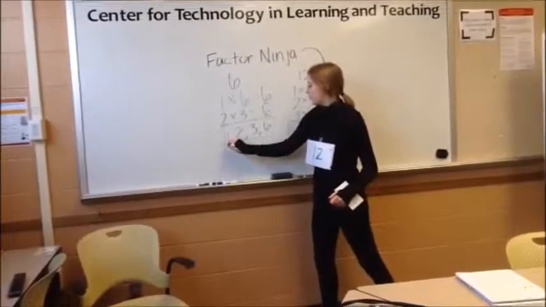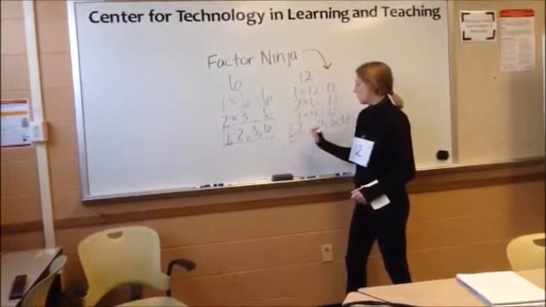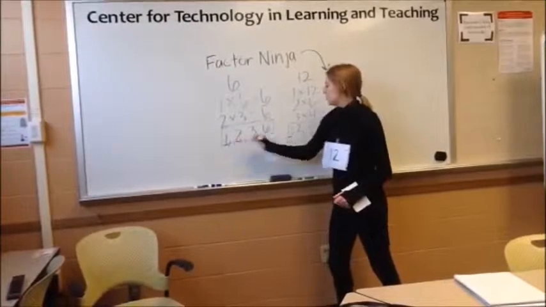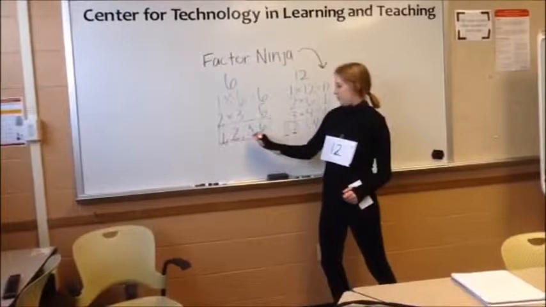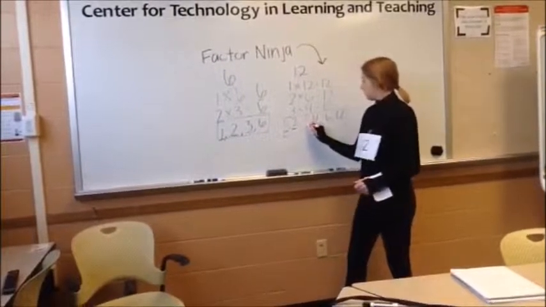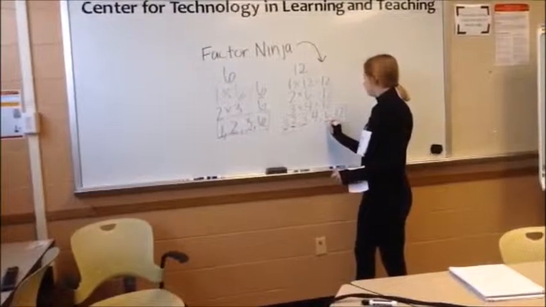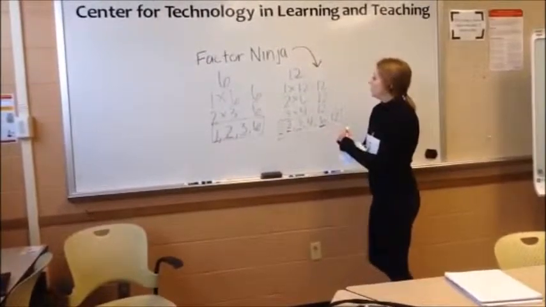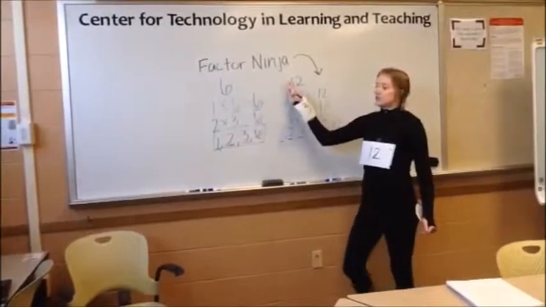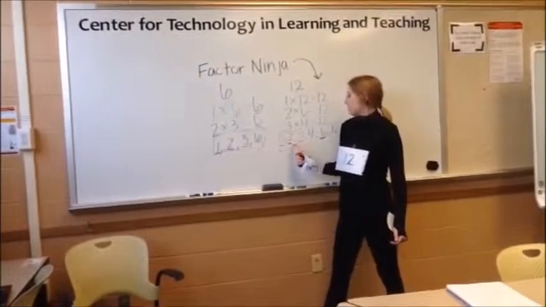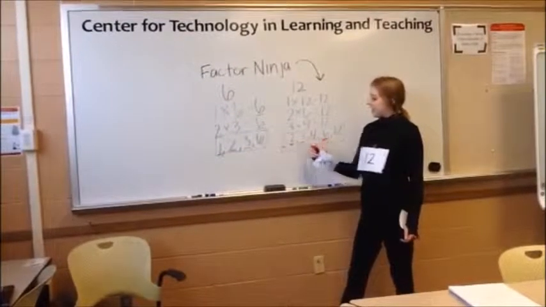I know that they both have 1, they both have 2, they both have 3, and they both have 6. So I know that the common factors between 6 and 12 are 1, 2, 3, and 6.